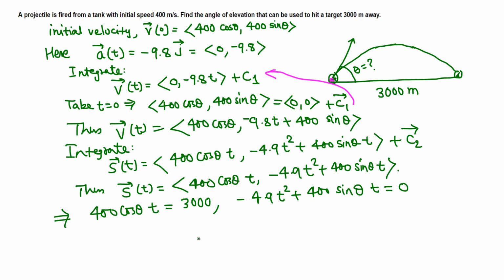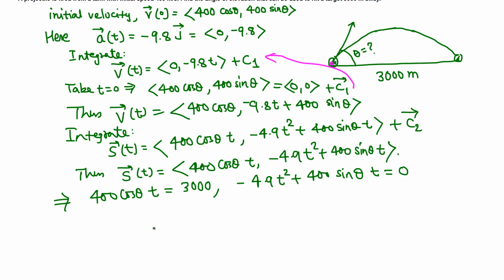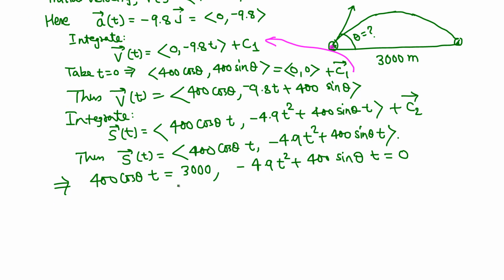To find this angle theta, let's solve for t from the first equation. t is in fact 3000 over 400 cosine theta. Let's find t from the second as well. From these two terms we can factor t out.